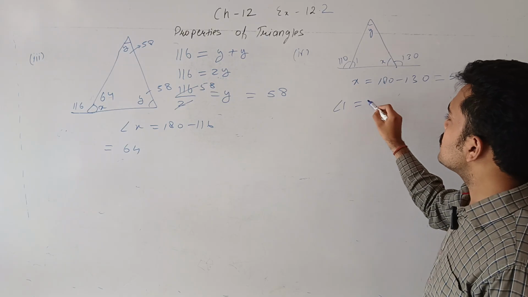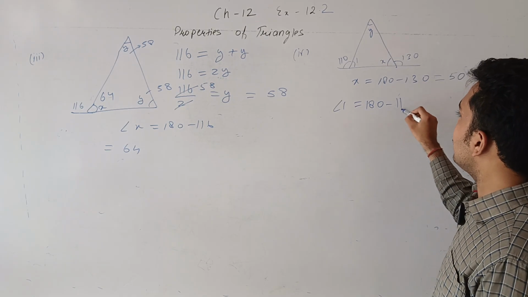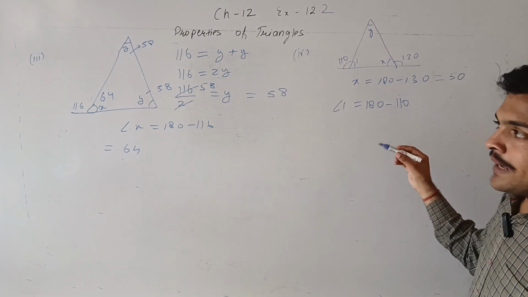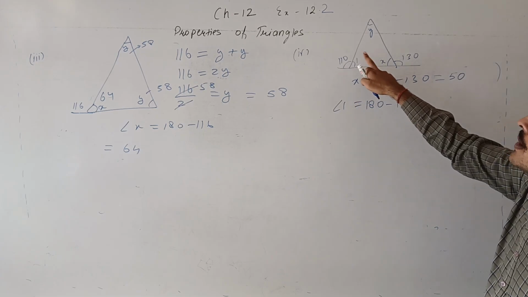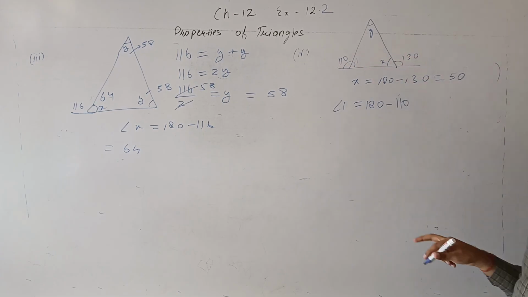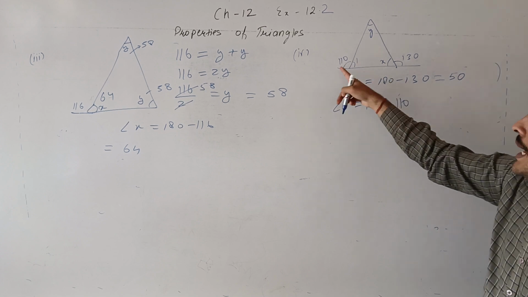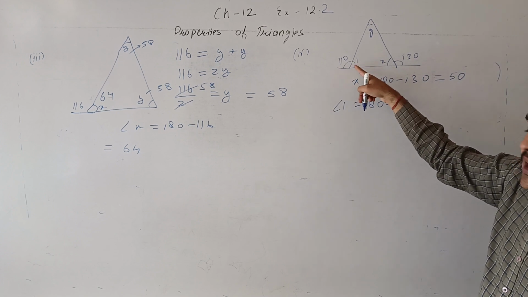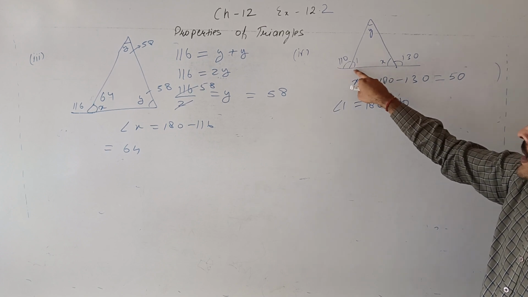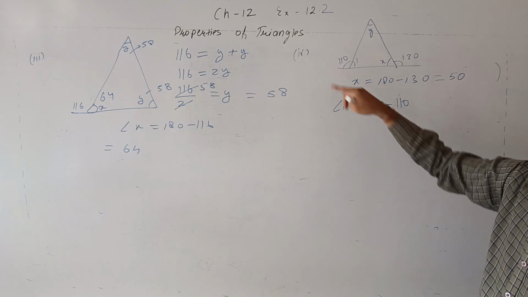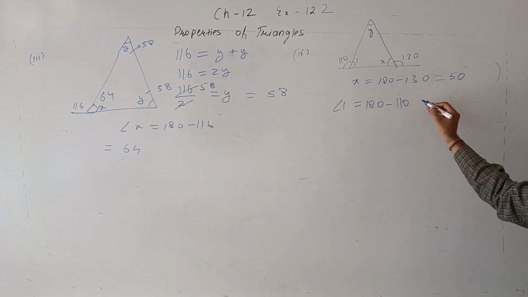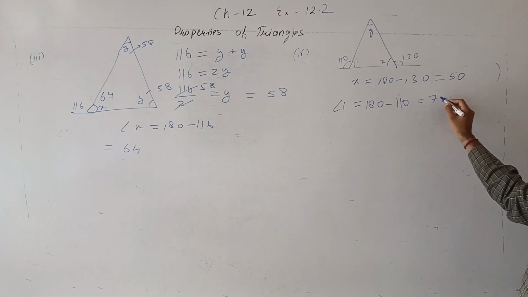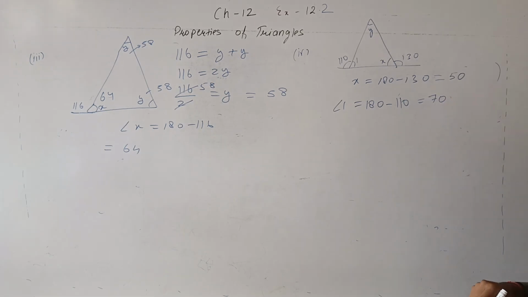Angle 1 is equal to 180 minus the exterior angle, because the corresponding interior angle is 180 minus the exterior angle. Therefore angle 1 is 180 minus 110, which is 70.